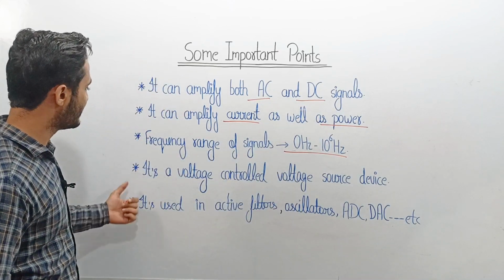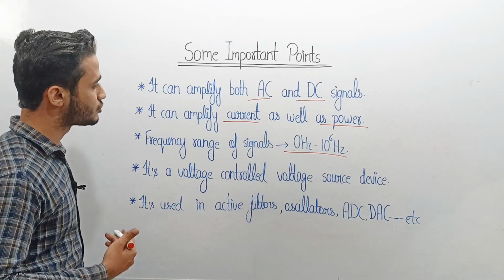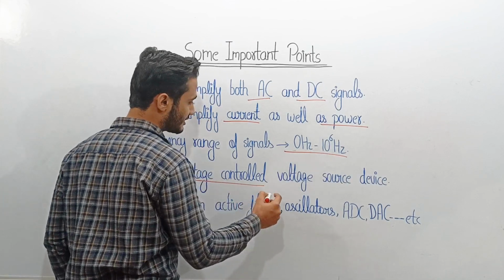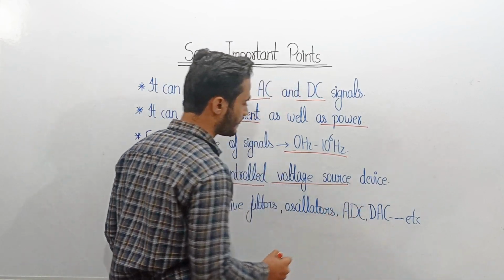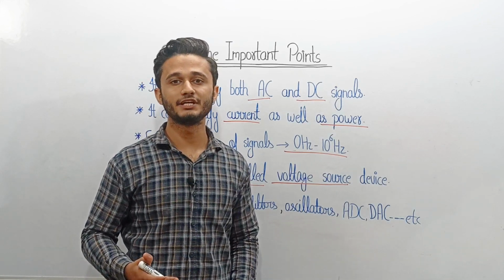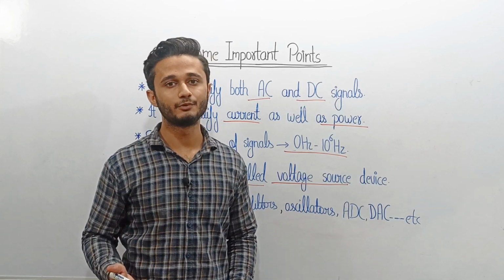The fourth point says it is a voltage controlled voltage source device. What does that mean? These are two different terms, voltage controlled and voltage source. Voltage controlled devices are those devices whose output voltage can be controlled by their input voltage.